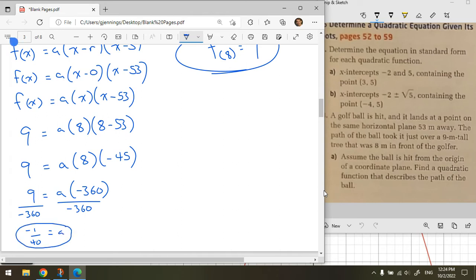Okay, so now let's write our new equation. Therefore, f(x) equals -1/40 multiplied by x multiplied by (x - 53) describes the path of the ball.